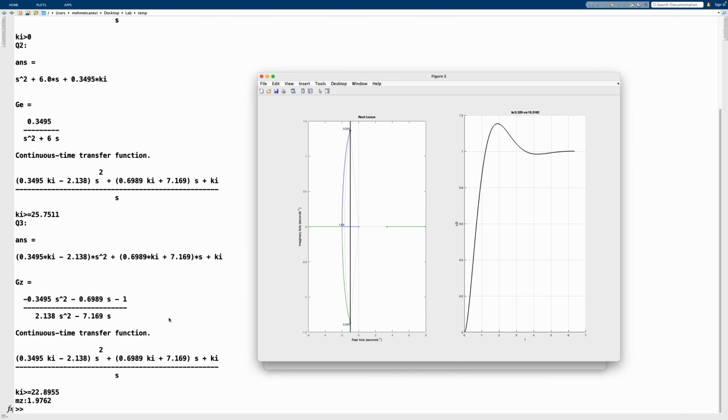So let's solve it. Now we can see that we have this design here. Now in this case, we can see that the dominance factor is 1.9762 for the ki value 22.8955.